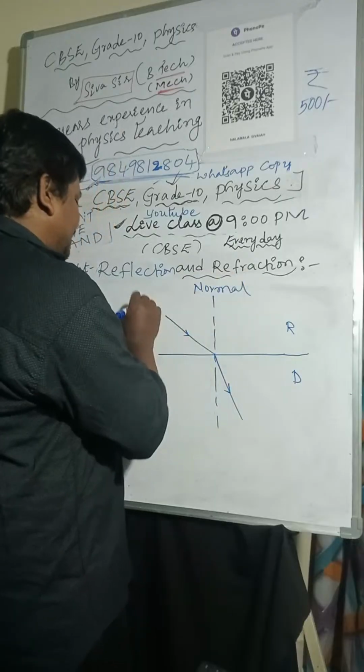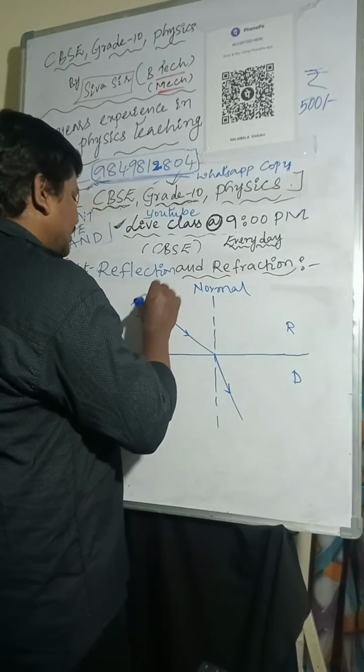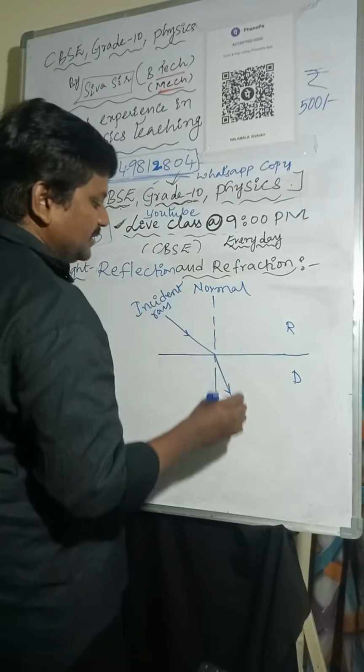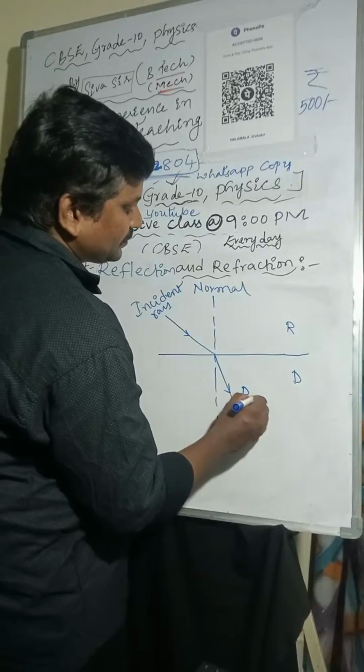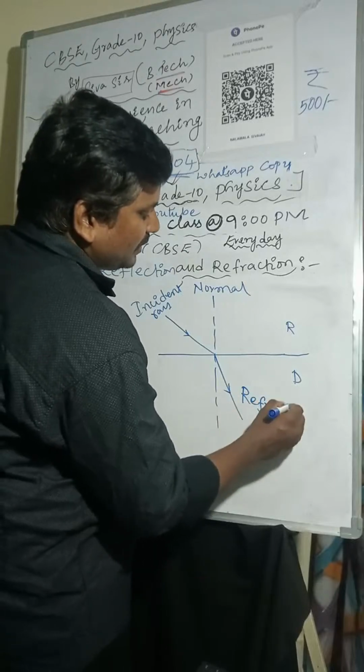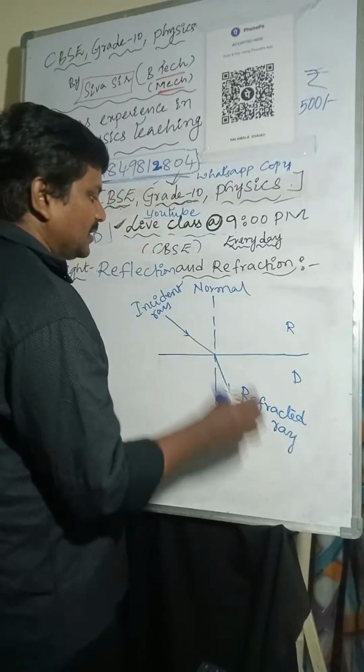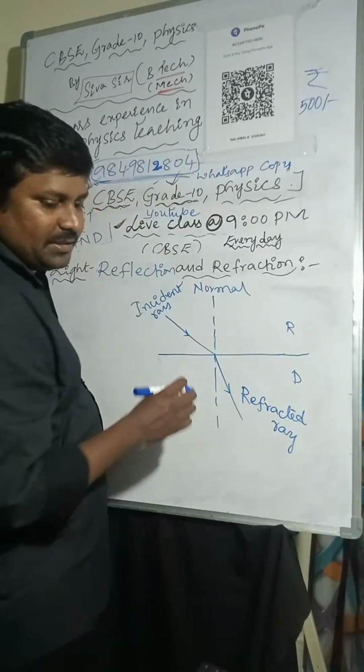This is the incident ray, and this one is the refracted ray.